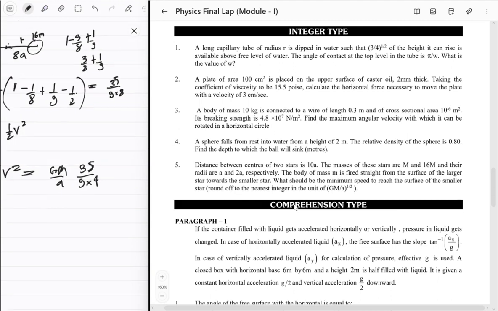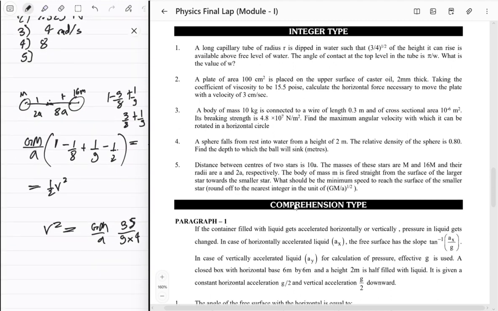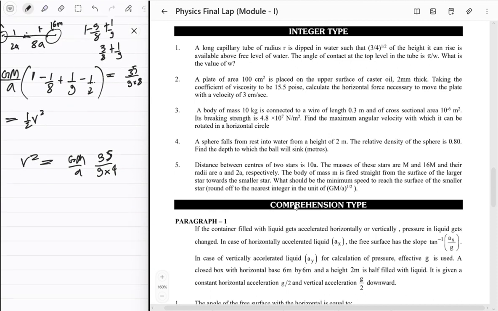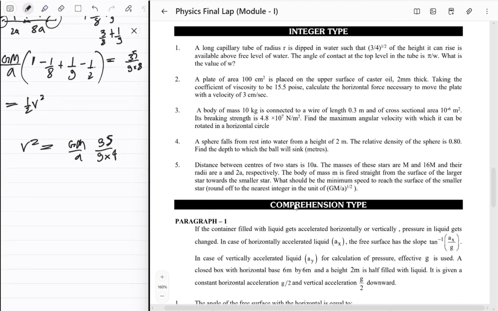Is it correct? I guess it should be. Yep, it should be. So ये चीज हो जाएगी. Yeah. Of course. So that's v squared.